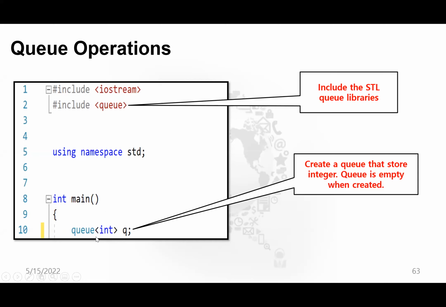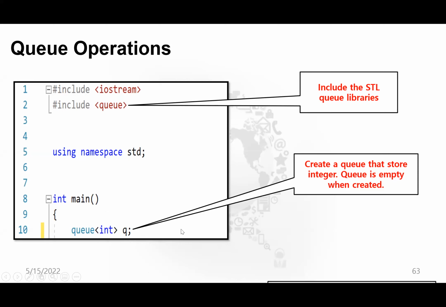So here we create a queue that stores integers, and then this is the name of your queue. So just like the stack and the linked list, when you just created this queue, if you check whether it's empty or not, it will be empty because we haven't inserted any items inside yet.